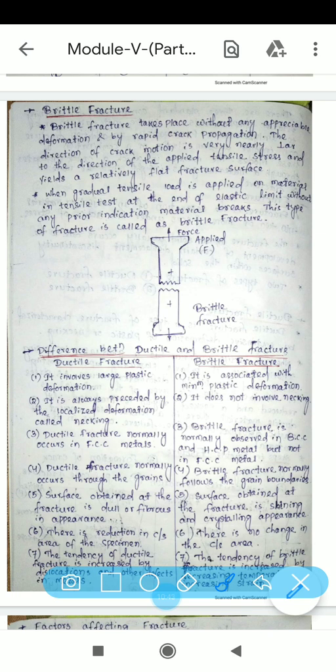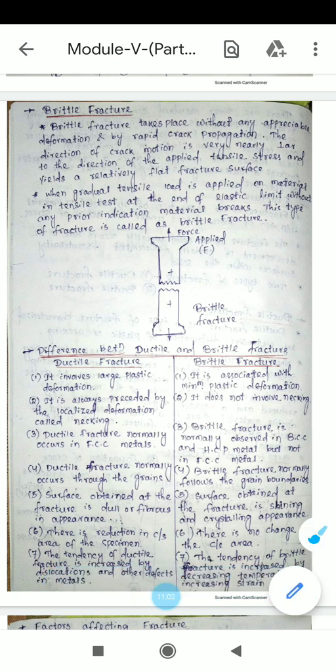When gradual tensile load is applied in a tensile test, at the end of the elastic limit, without any prior indication, the material breaks. This type of fracture is called brittle fracture.